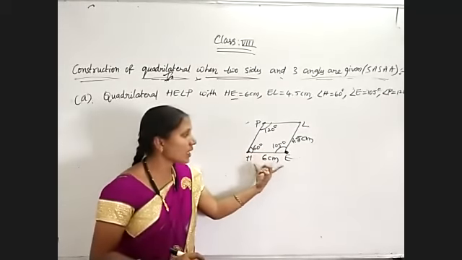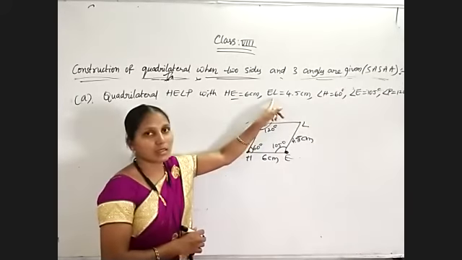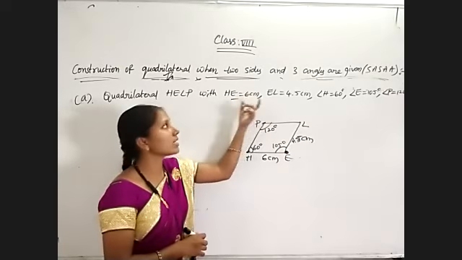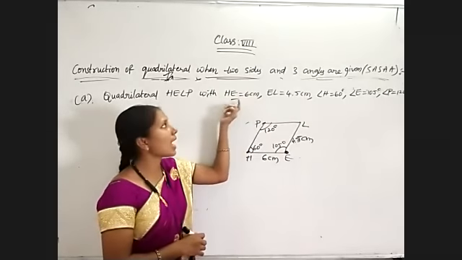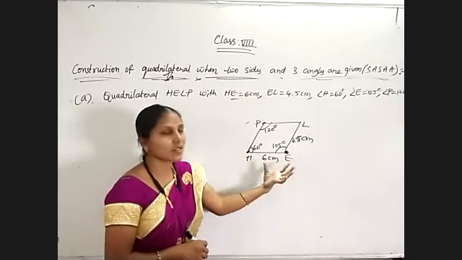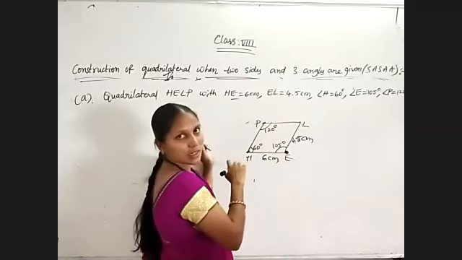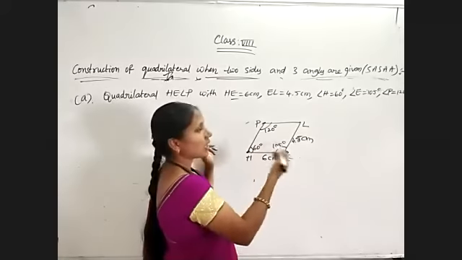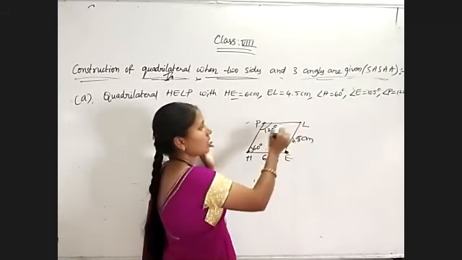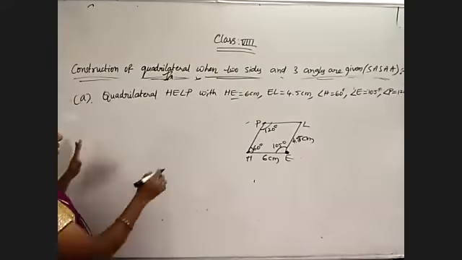Just observe, HE and EL have the common vertex E. That means side, angle, side. The side is HE, the angle is E, and the other side is EL. With those 3 measurements, first we need to construct the triangle HEL. After that, with the remaining 2 measurements, angle 60 and angle 120 degrees, we need to find another angle. Now coming to this question, simplification.